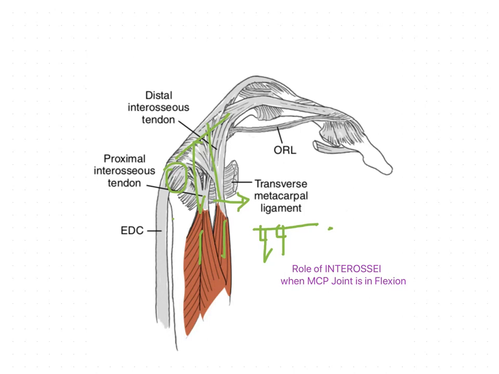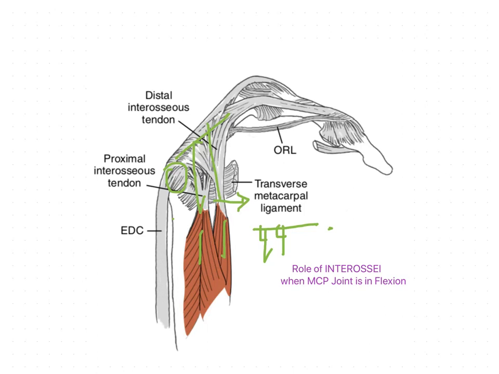Loss of tension in the interossei through MCP joint deviation is prevented here because the collateral ligaments of the MCP become increasingly taut.